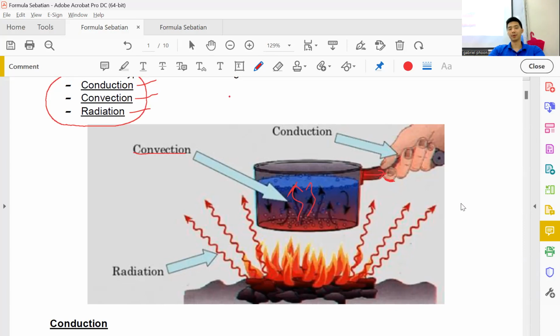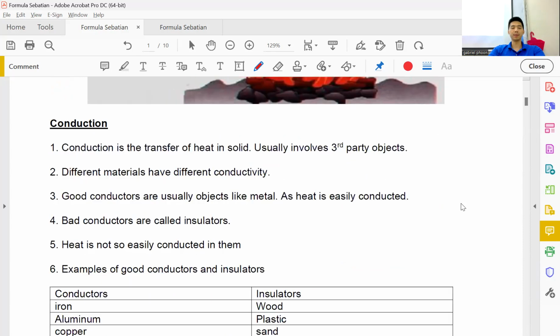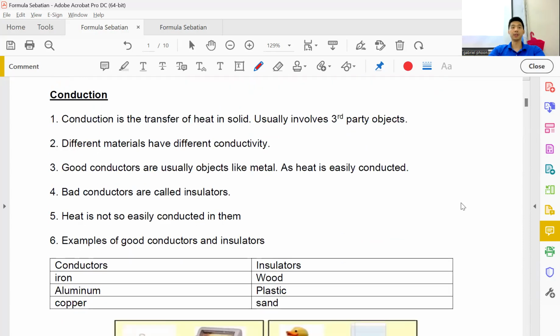Good, 100% absorption rate. So if you look at the statements here, these are essentially the key characteristics of conduction. Conduction transfers heat in a solid, usually involving a third-party object. Different materials will definitely have different conductivity. Good conductors are usually objects such as metal, as heat is easily conducted.